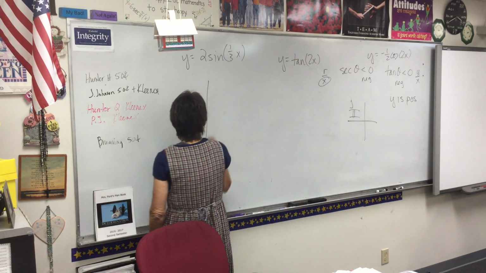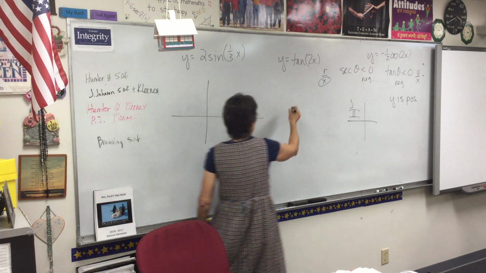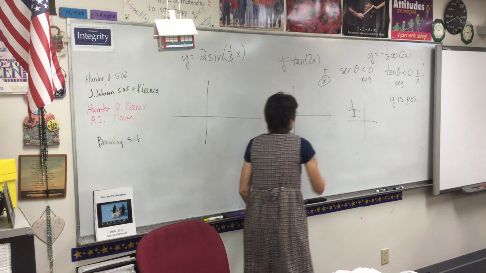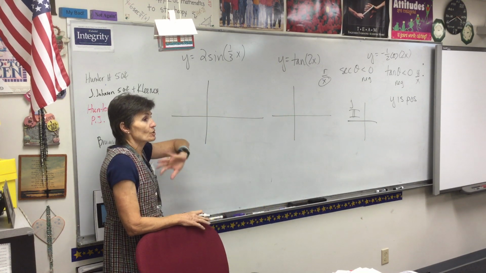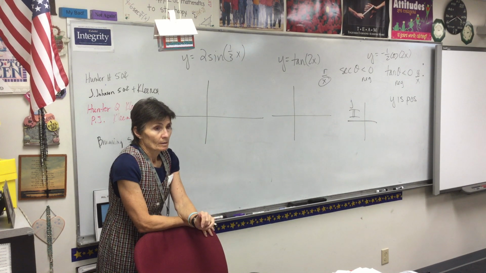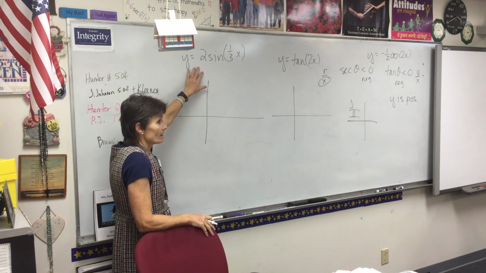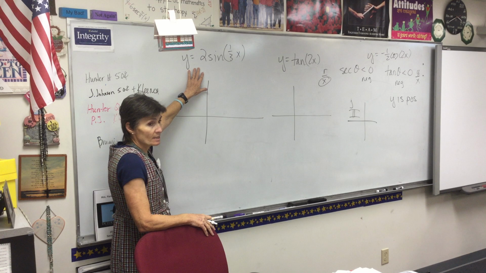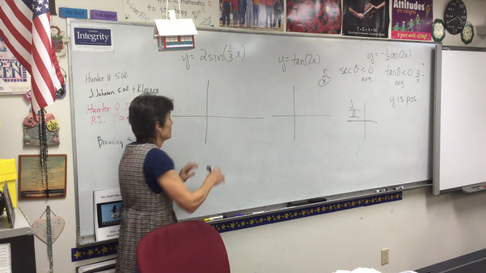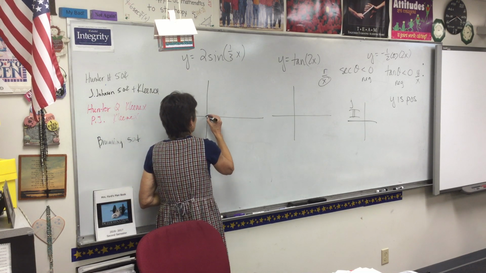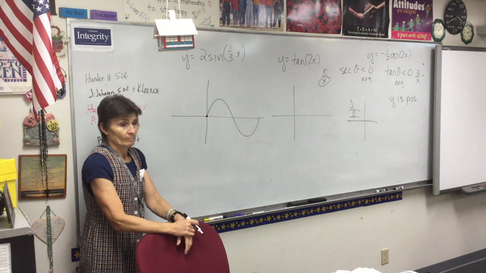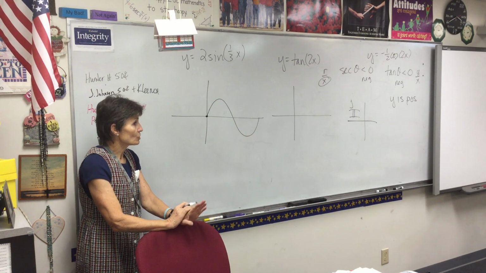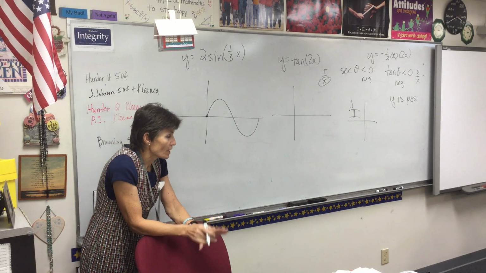All right, so when you do this on your test Thursday, please, please, please start by drawing the shape. So this is a positive sine curve. So we start at the origin and go up and down. So we got the shape, right? Everybody knows the shape.